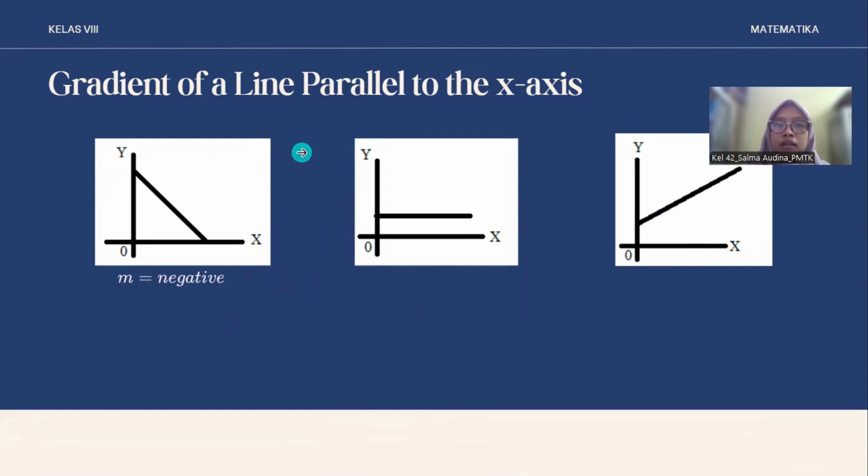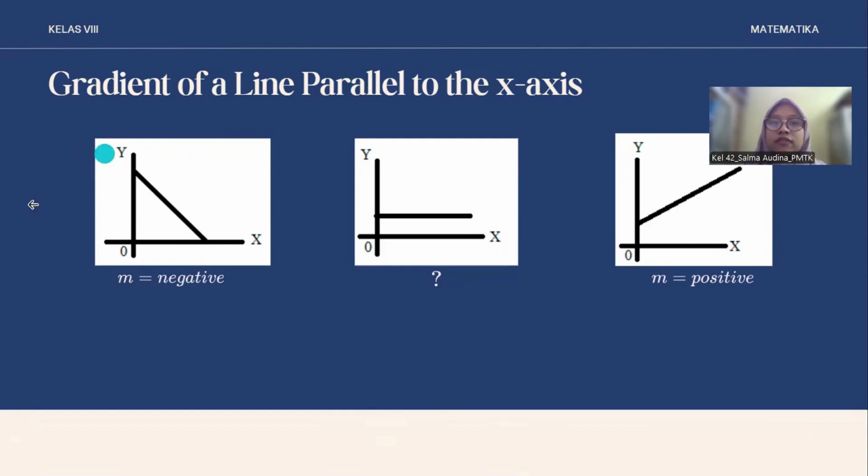Then the line becomes flat, but we don't know the gradient yet. And then after that, the line slopes upward and the gradient, of course, is positive.